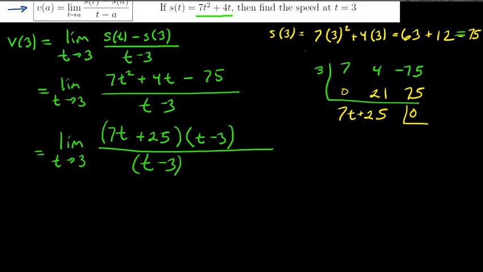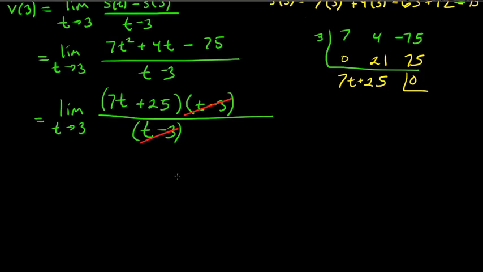But now you see what we have to do here. T minus 3 divided by t minus 3 is 1, so the t minus 3's cancel.